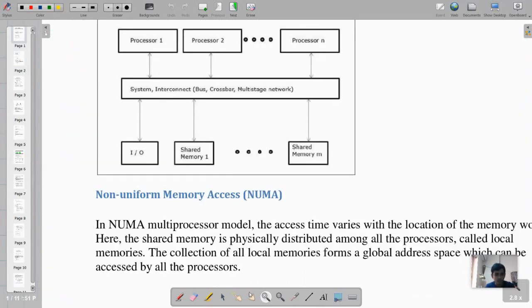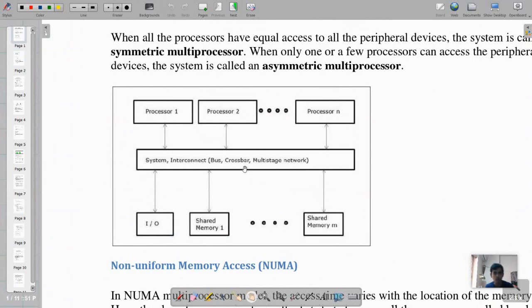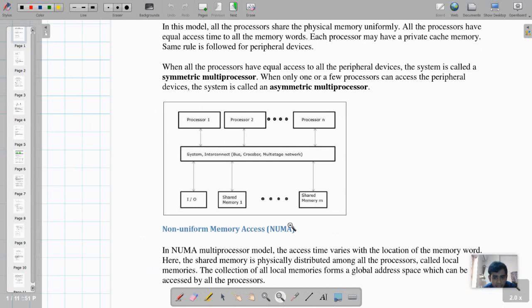Let me start our discussion with the multiprocessor architecture itself. As the name suggests, you can see in the diagram you have a number of processors out there in a single chip. Processor 1, processor 2, up to processor N. As there are multiple processors in a single CPU, this is called a multiprocessor architecture.